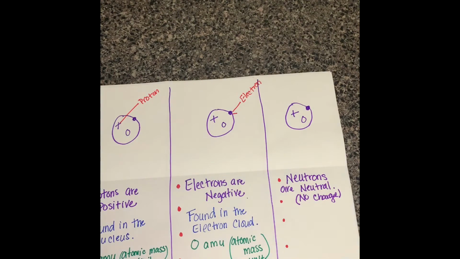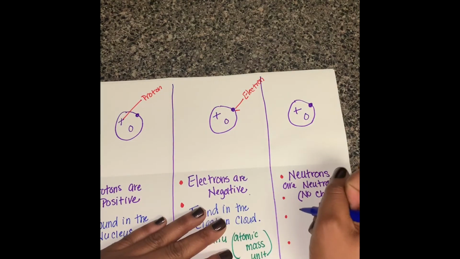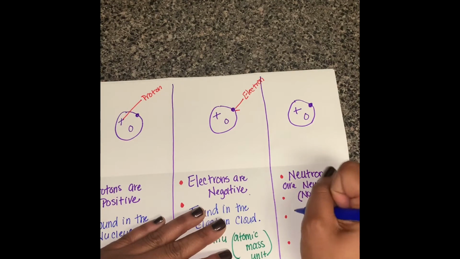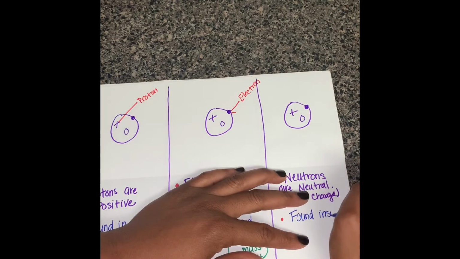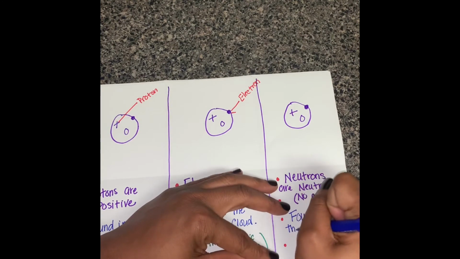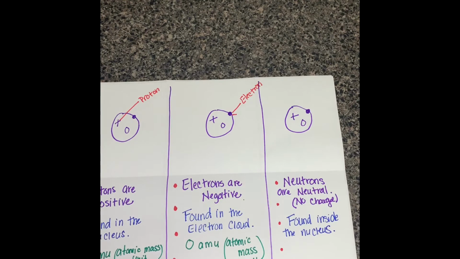So with them adding to the mass, we always know that our mass is found inside the nucleus. So these are going to be found inside the nucleus, along with our protons.